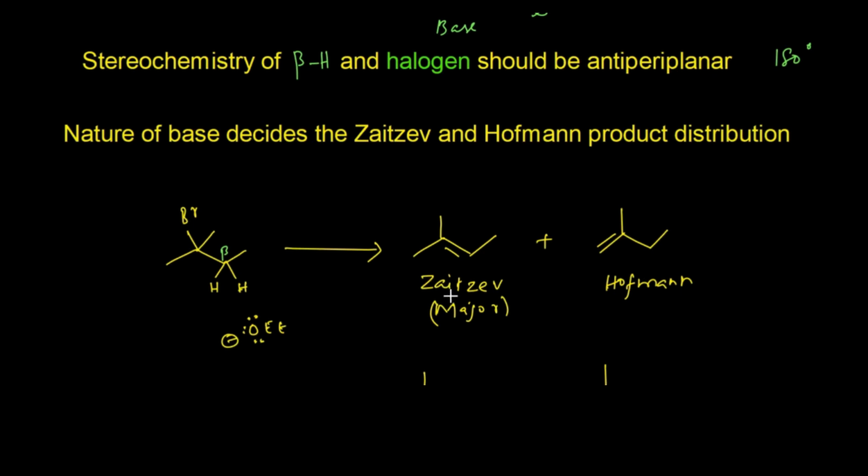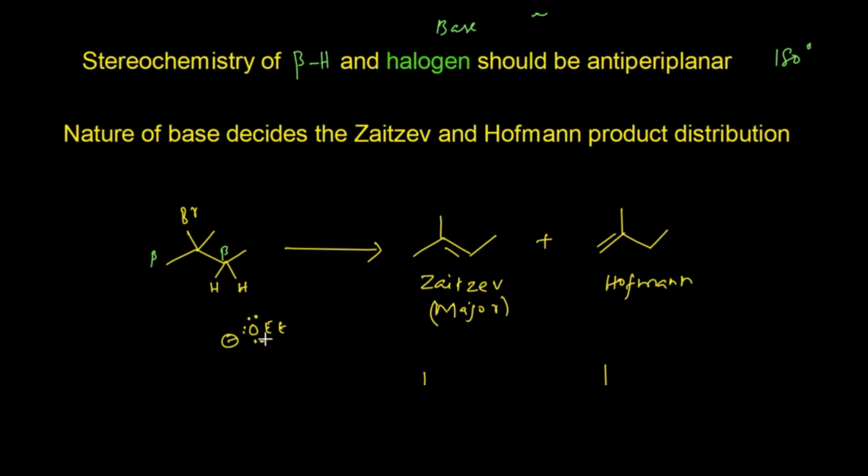Here the product distribution, that is the Saytzeff and the Hofmann product distribution, may vary according to the nature of the base. I took different cases of this alkyl halide, where the beta carbon environments are different.